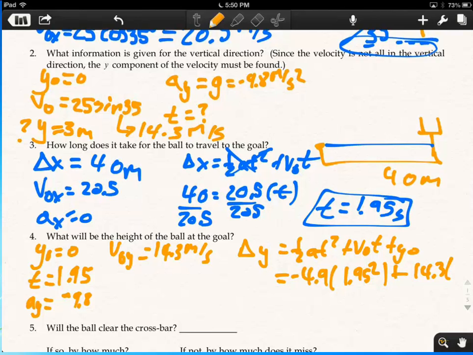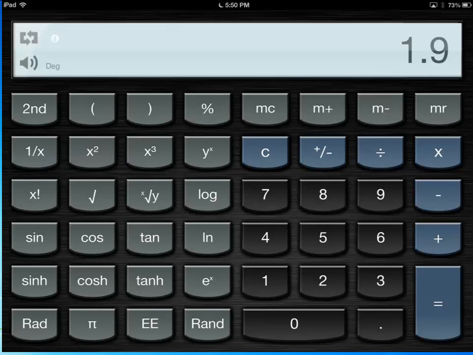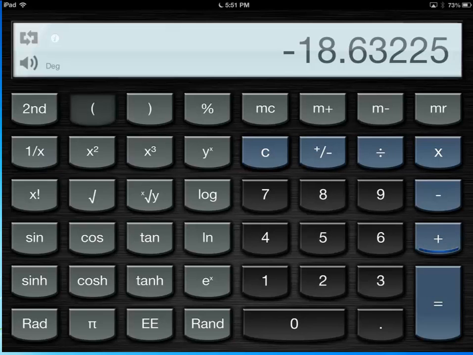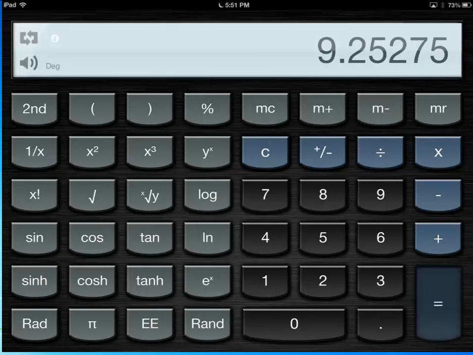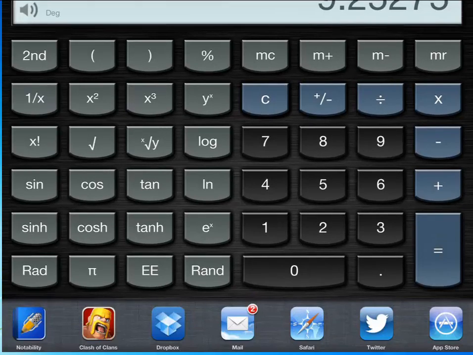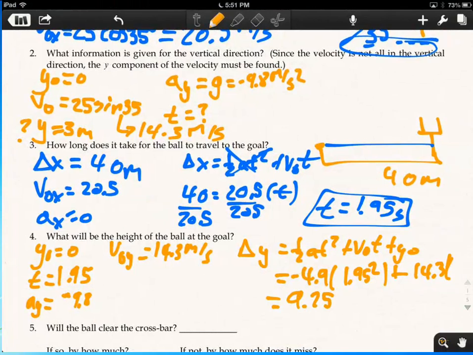Doing 4.9 times 1.95 squared, negative, equals negative 18.63, plus 14.3 times 1.95, equals 9.25. So that gets me a height of 9.25 meters.